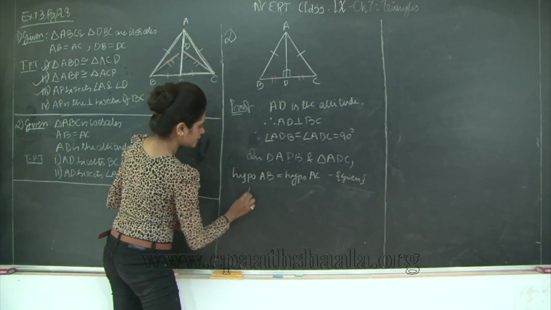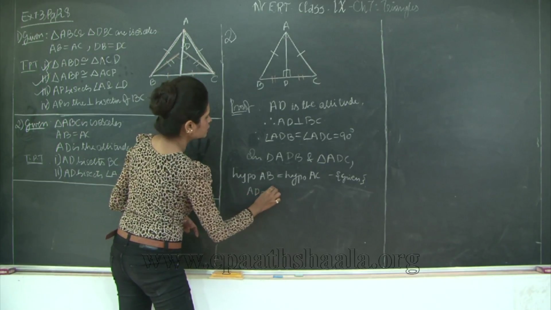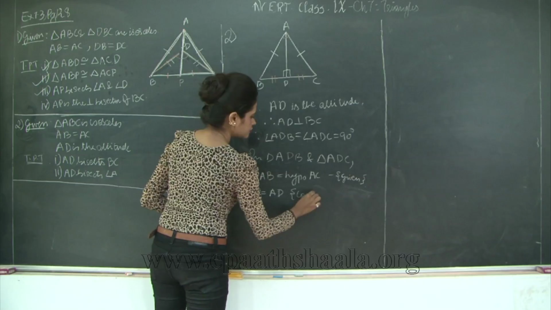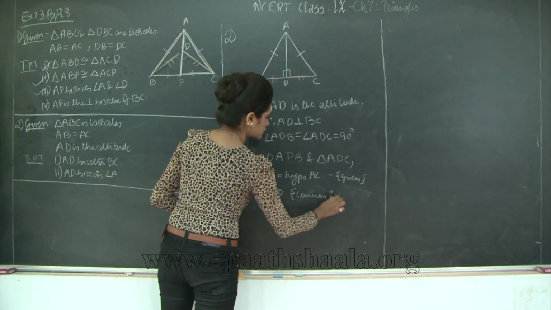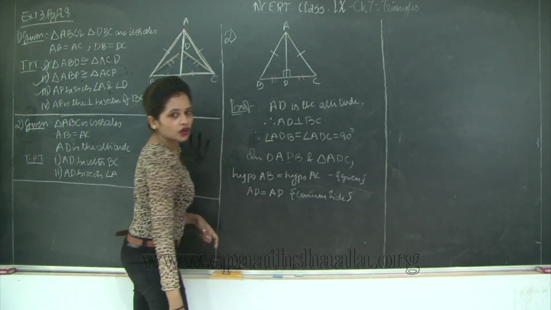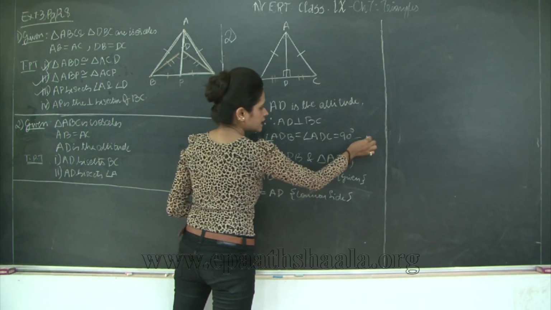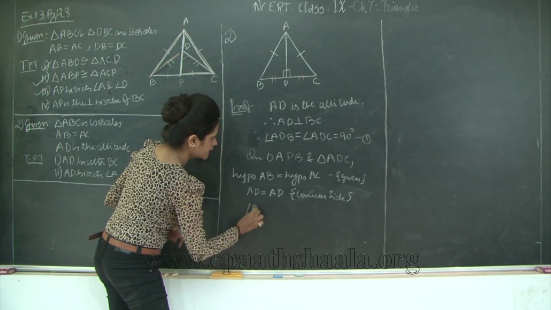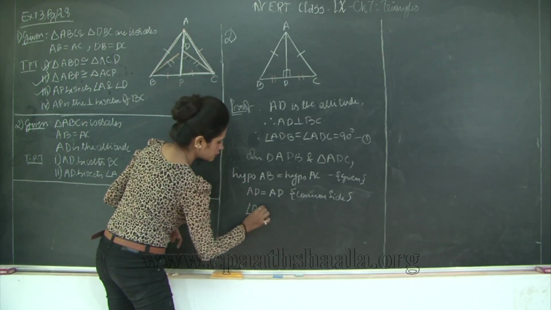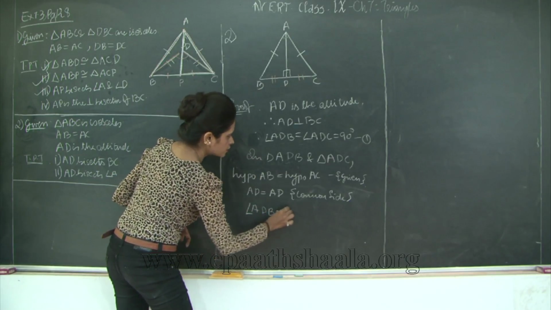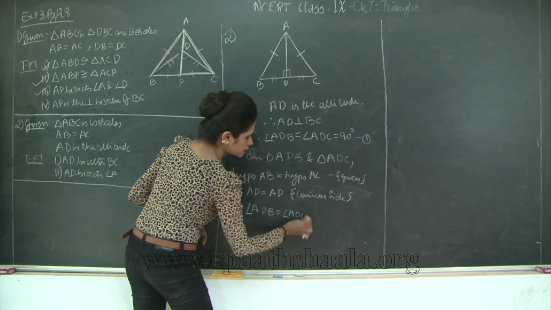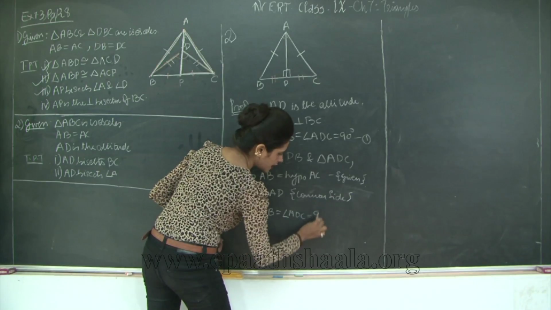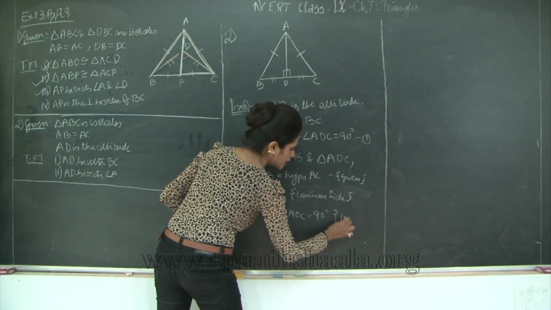Also, I have AD is equal to AD, common side, and if I mark this statement as 1, I can say angle ADB is equal to angle ADC, which is equal to 90 degrees, from 1.